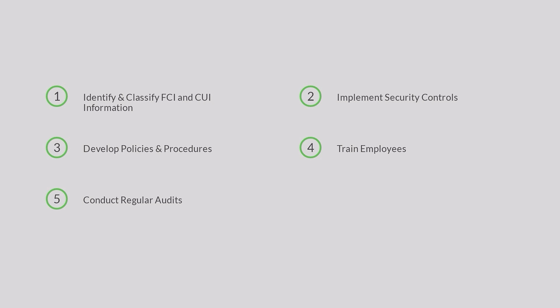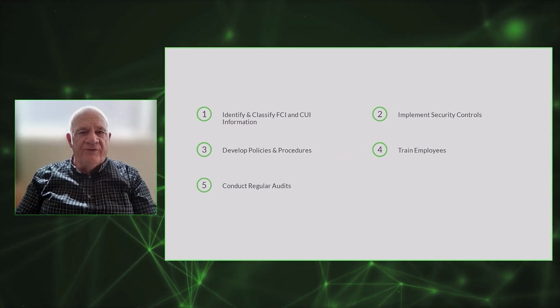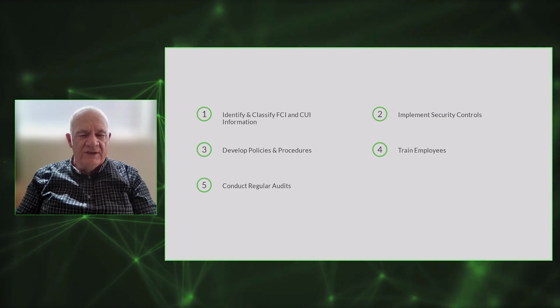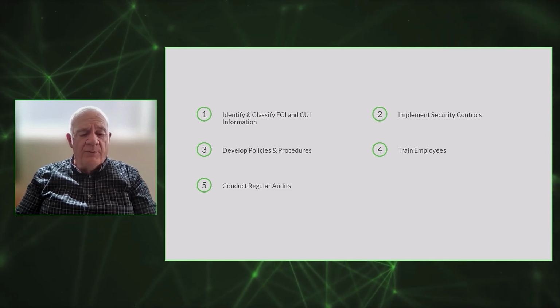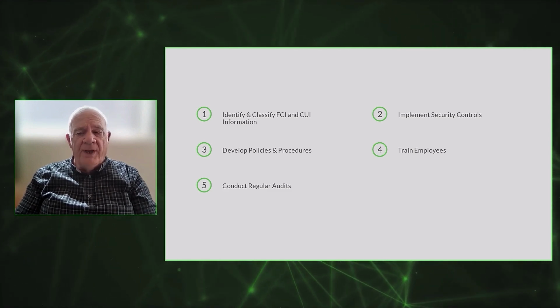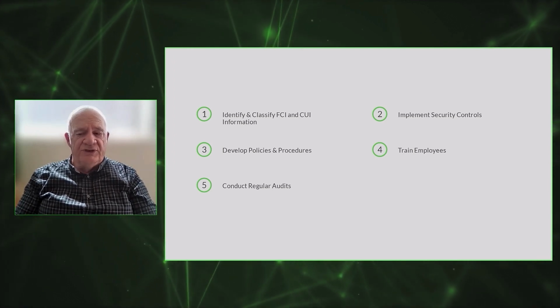Then the next step is implementing those security controls. So you would go through those 17 controls, make sure that you implement those controls or practices, whether it's FCI or CUI. And then you need to make sure that you put together policies or procedures.